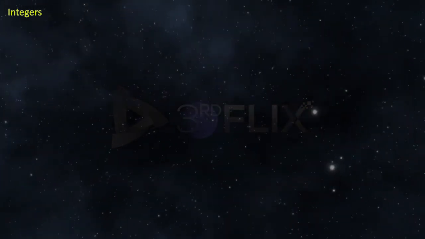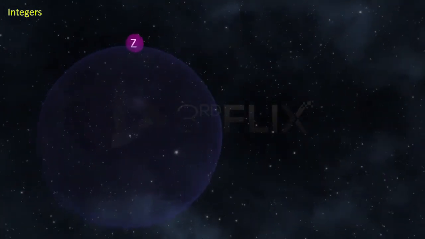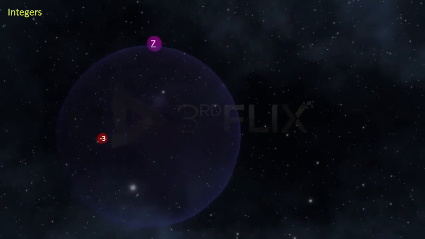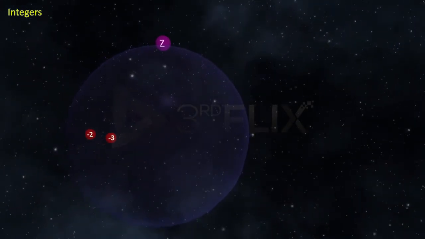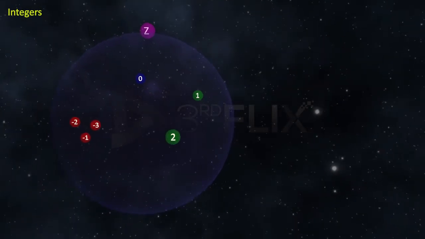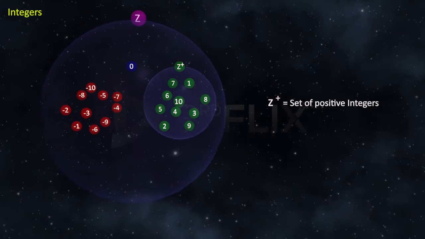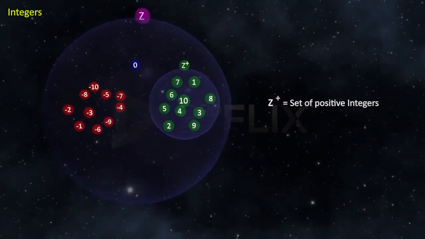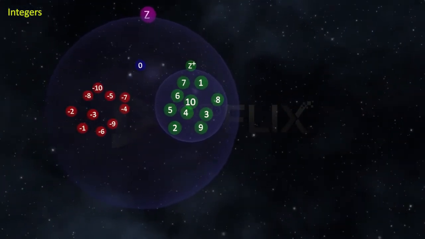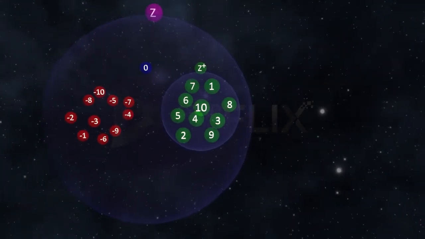The set of integers is denoted by Z. Z equals the set of ..., -3, -2, -1, 0, 1, 2, 3, and so on. Z plus equals the set of positive integers equals the set of 1, 2, 3, 4, and so on.